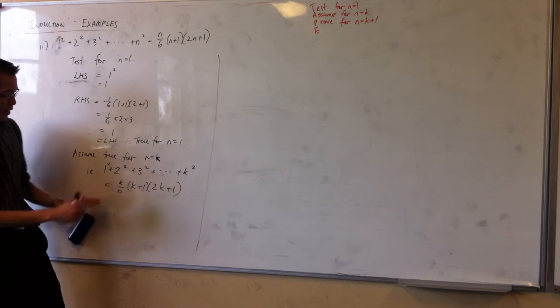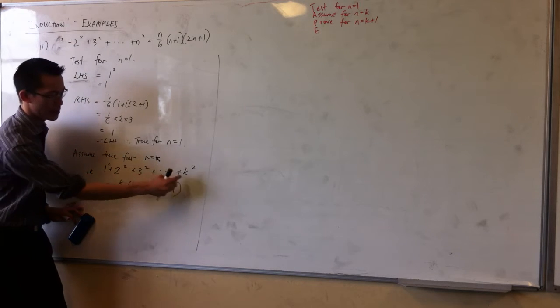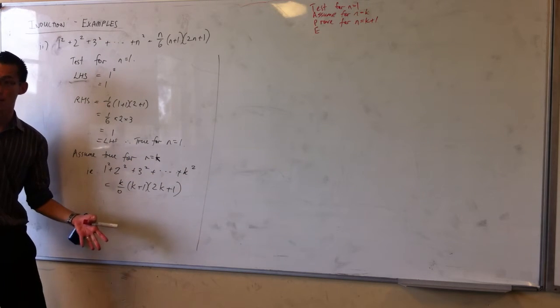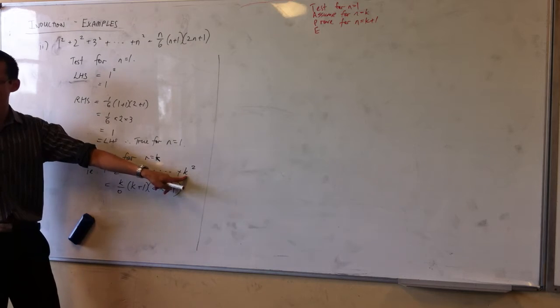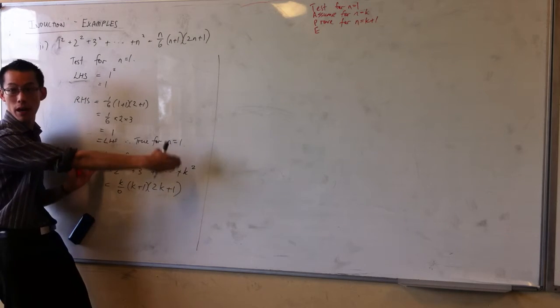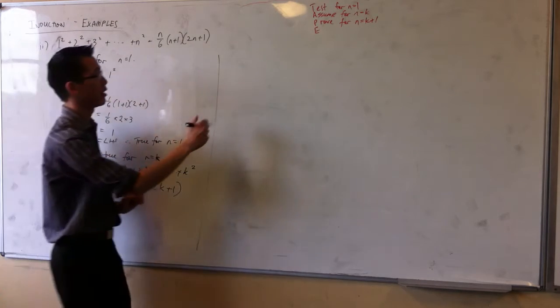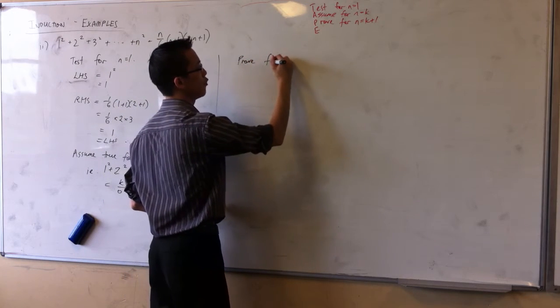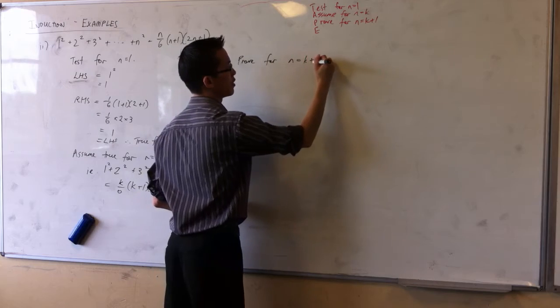So instead of going 1 squared, 2 squared, 3 squared plus, and then make the last term k plus 1 all squared. That is the last term, okay? But I want to include the second last term as well, because then I've got this part here, which I can just swap out, okay? So I'm going to now prove for n equals k plus 1.